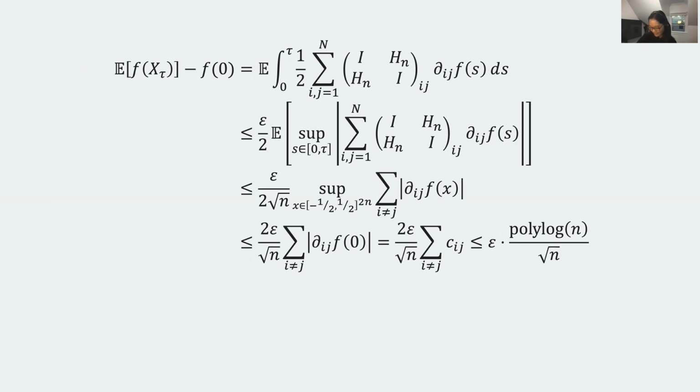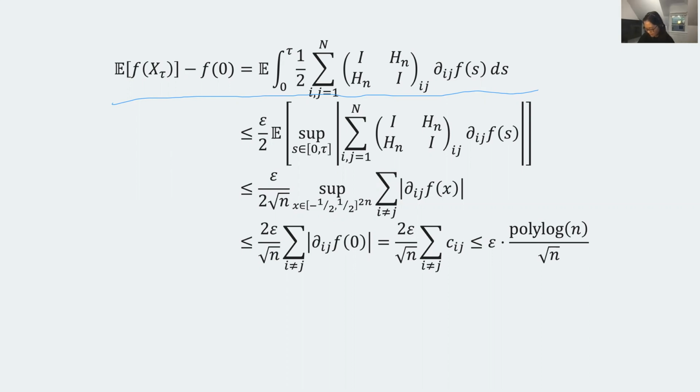I started off by plugging in the constants, and then I get that this is equal to some integral from 0 to the stopping time, and then you multiply by each of the coefficients inside this covariance matrix, and then I take the supremum over all of the time steps.